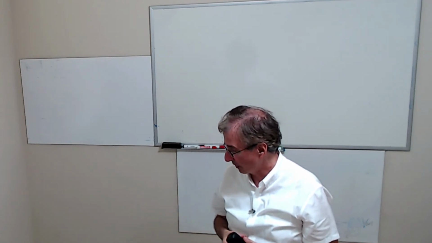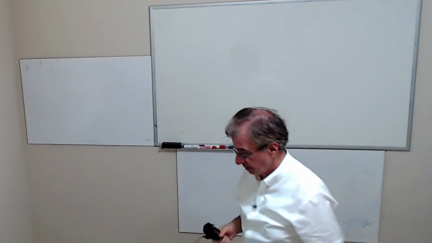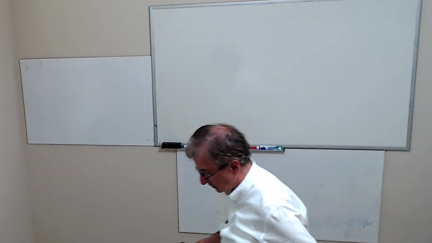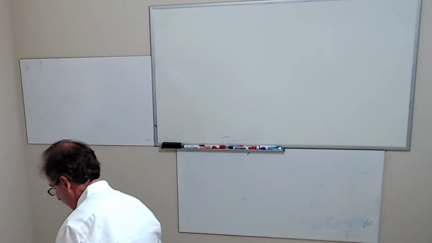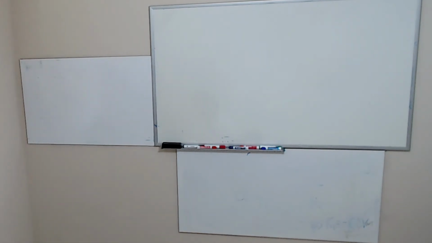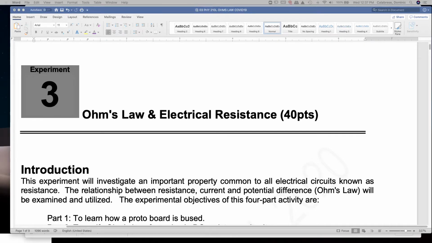Okay. All right. So let me talk about the experiment itself. And again, as you do these labs, let me know what else you think would be needed to help you do the lab more easily. Let me change views again, sorry.